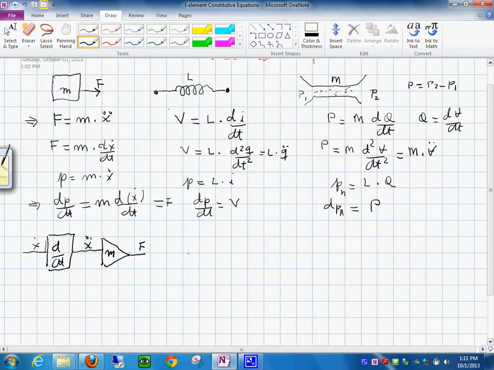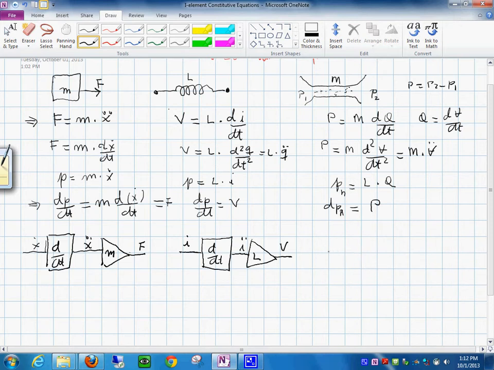This one here, you have the current, and then it gets differentiated d dt, and of course it would be I double dot, then gets multiplied by L, and out comes the voltage V. That's the electrical one.